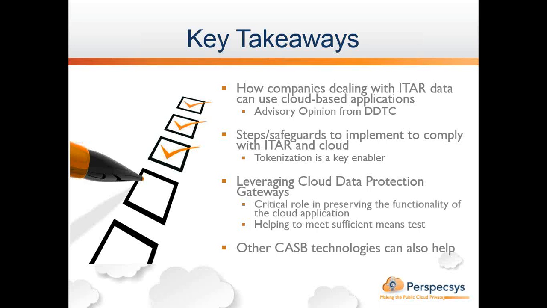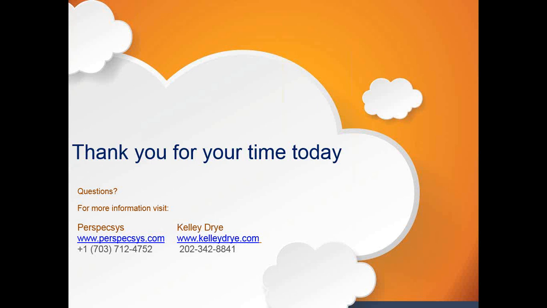Eric, Rob, this is for you. What are the rules surrounding some of the domestic clouds? Well, that's a very interesting question. So the rules for the domestic cloud are, the quick answer is there are no rules. The State Department has not released specific guidance on the domestic cloud, but the rule is essentially a sufficient means approach.